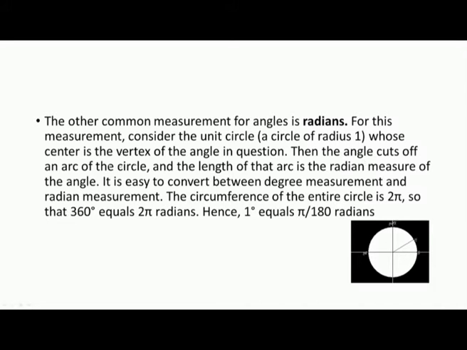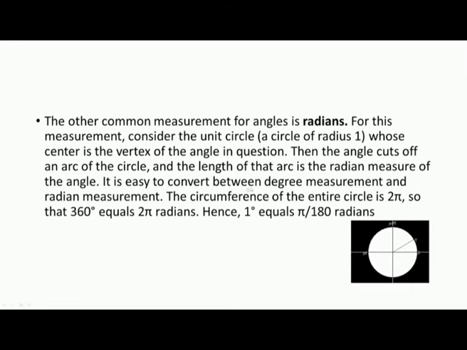Then the angle cuts off an arc of the circle, and the length of that arc is the radian measure of the angle. You can see here we have a line here and another line here, and these two lines cut the circle. So, this length of arc is the radian.